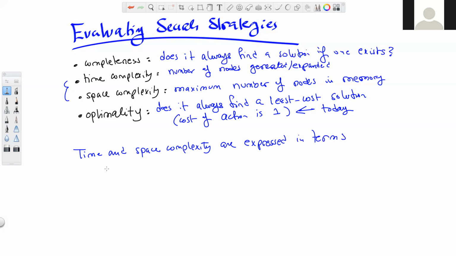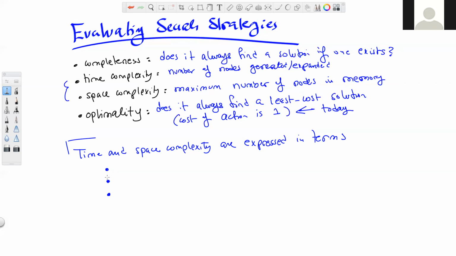Sorting is just one thing, n. Here it is going to be a little more involved. In fact, we're going to have 3 parameters to specify time and space complexity, and we're going to give them names because we're going to use them systematically. So what are the parameters that describe the problem? Any guesses?